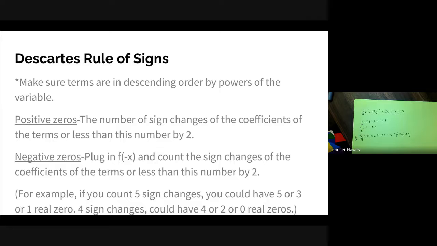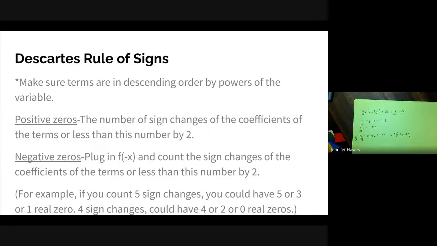So this little rule here, the rule of signs, can narrow down your list a little bit more. It can tell me how many positive or how many negative zeros I'll have. To find how many positive ones, so greater than 0, just count the sign changes.